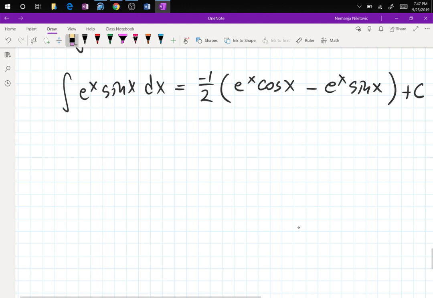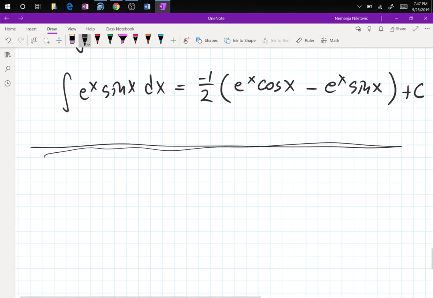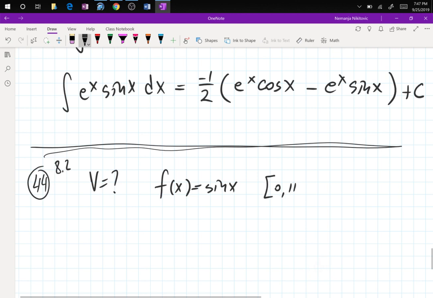A little fast. All right, so since exam is approaching, let's do a review problem and pepper in some integration by parts. So the problem 44 in 8.2 says, find the volume of the object which is generated by revolving f of x equals sine x about 0 to pi around x-axis.